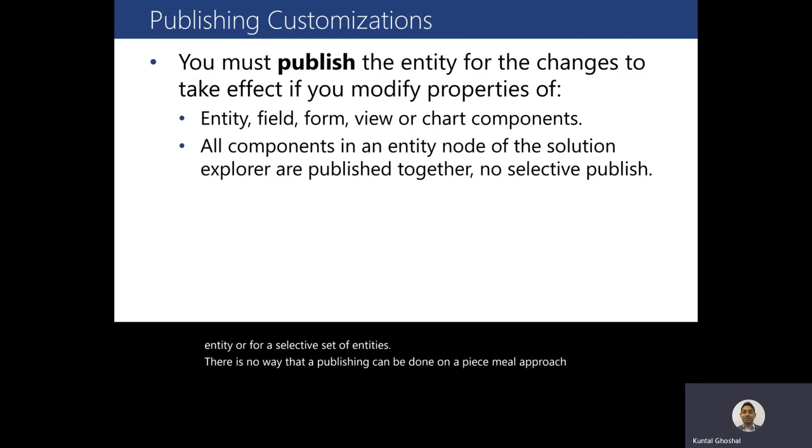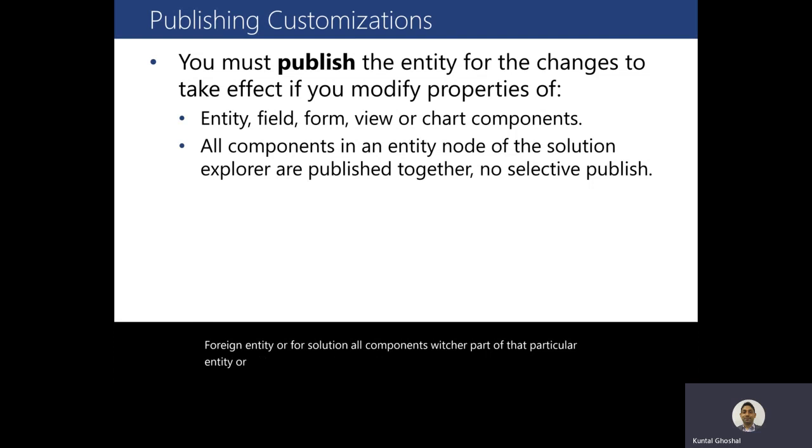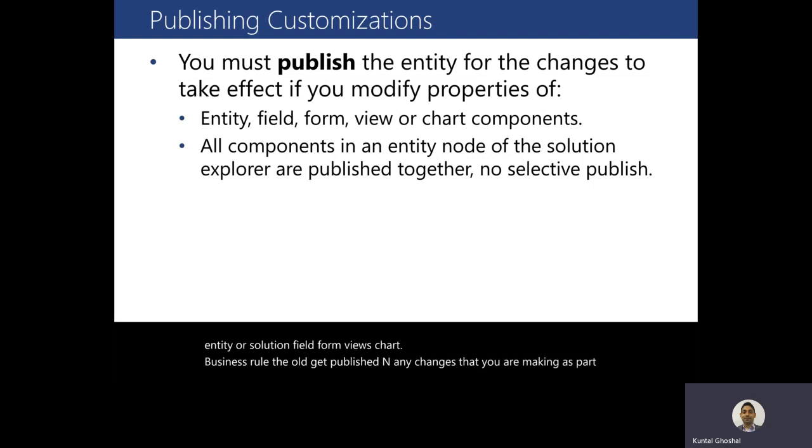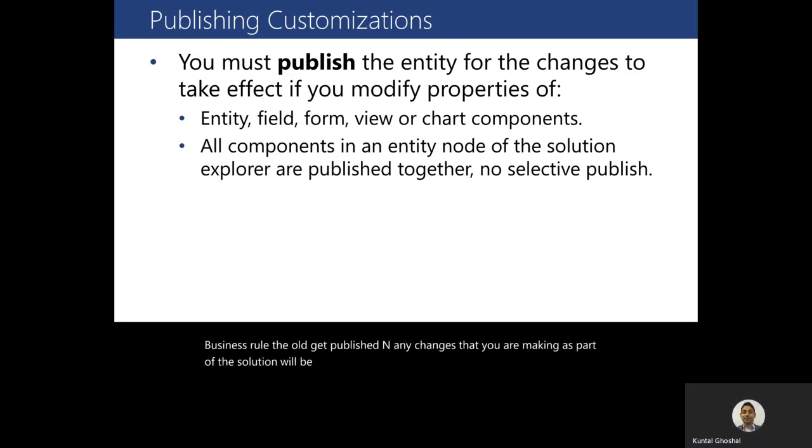So basically, when you select a publish for an entity or for a solution, all components which are part of that particular entity or solution, like field, form, views, chart, business rule, they all get published, and any changes that you are making as part of the solution will be available.